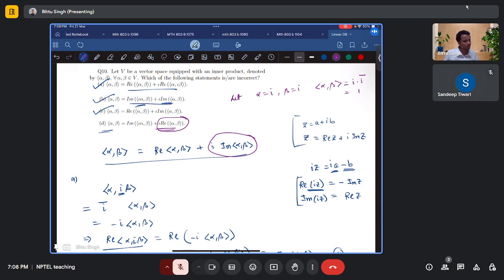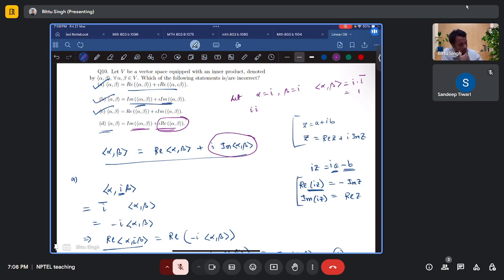But you can also produce a counter example like this. The inner product of I comma I is actually 1, but if you put I comma I here, what is the imaginary part of I alpha comma beta?